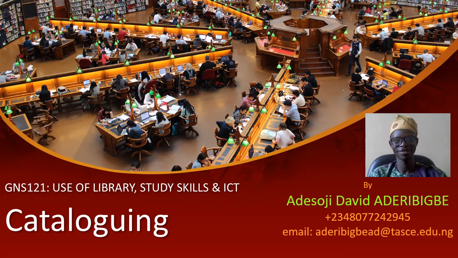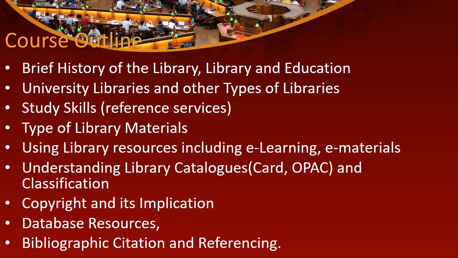Today we are discussing cataloging. Since we have started this course, we've talked about the brief history of library and education, university library and other types of library, study skills such as reference services, types of library materials, and using library resources including learning materials.